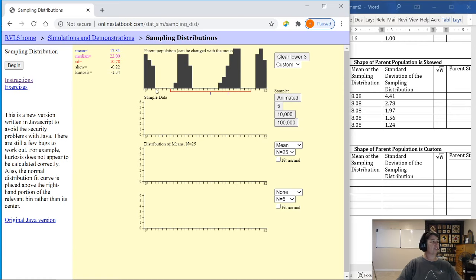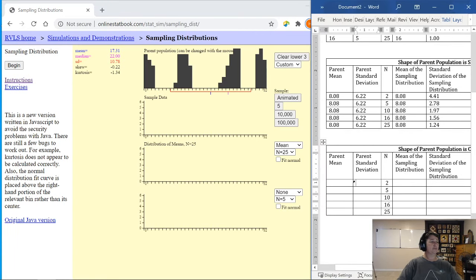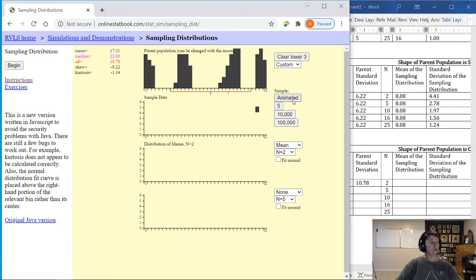So here in this custom data, my mean of that distribution is 17.31, and my standard deviation is 10.78. I'm going to start with just 2, where I take 2 random pieces of data and find the mean of that.